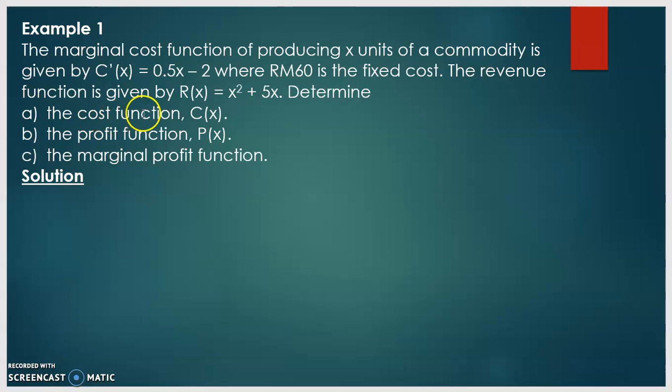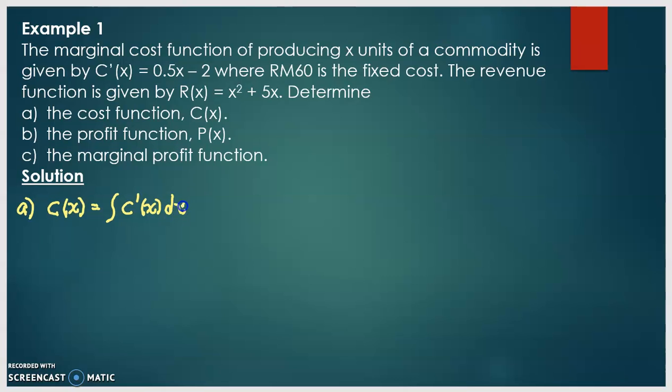So in order to find the cost function, since the marginal cost function is given, for question A, in order to find the cost function, which is C(x), where C prime X is given, it means that I have to integrate the marginal cost function.